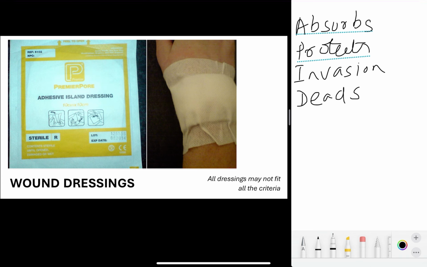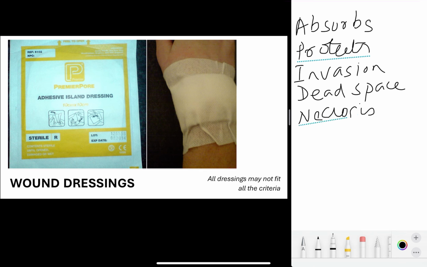A good dressing will eliminate dead space, debride necrotic tissue, and not cause damage to the viable tissue. It achieves hemostasis and minimizes edema through compression.